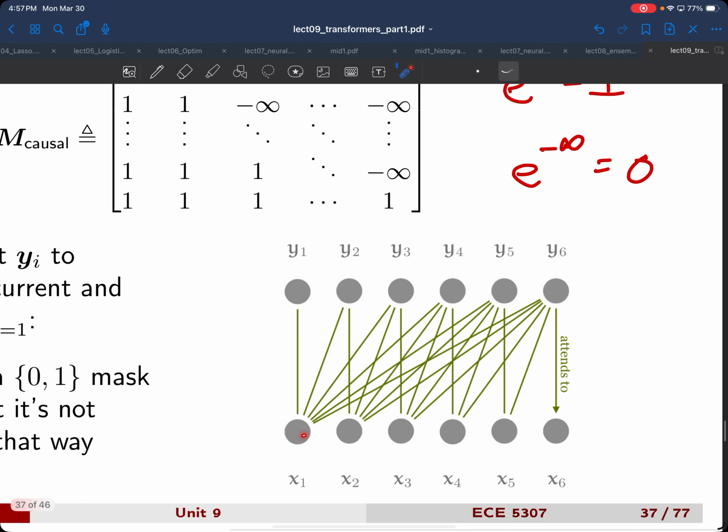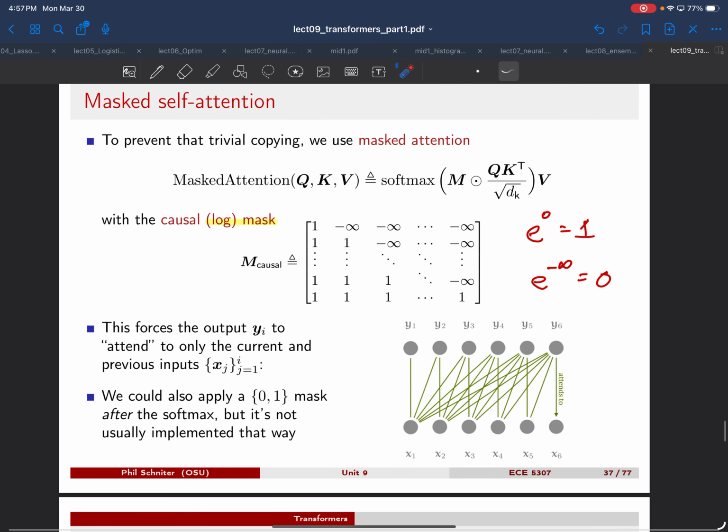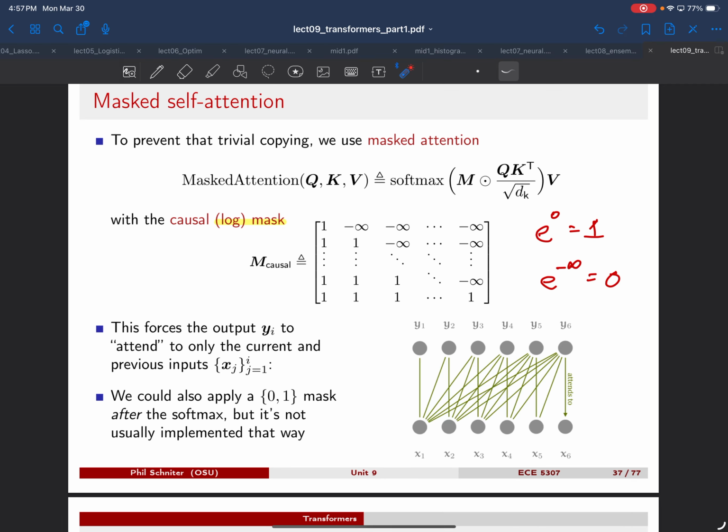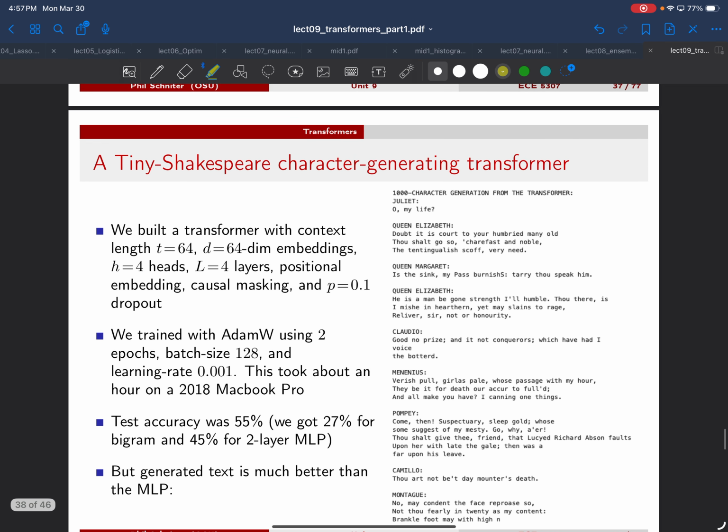For the next one, we allow the first two, but no future ones, and so on. Okay, is that making sense, how this masking works? This is called masked attention, and it's what's used whenever you want to do forward prediction, but in other applications where you're not doing forward prediction, you don't necessarily need to use this mask.